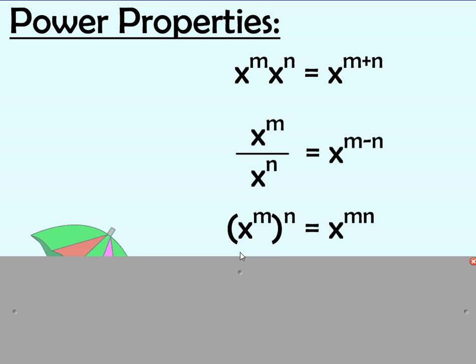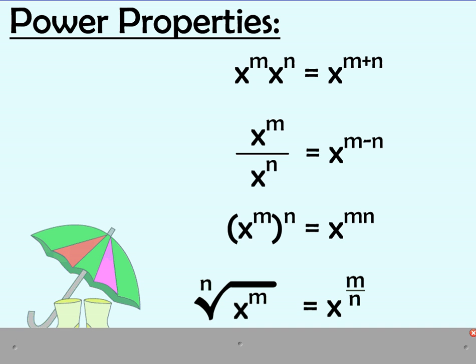When you have a power raised to a power, so this right here, x to the m is a power, and then the parentheses raised to the nth is a power, you multiply the exponents. So if I had x to the fourth, and that entire quantity was squared, 4 times 2 would be 8, so this would be the same thing as x to the 8th.